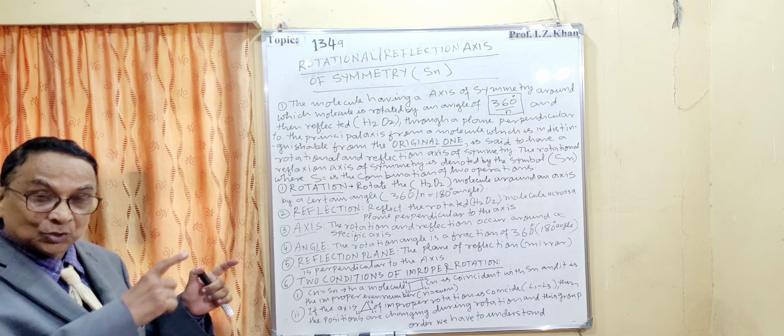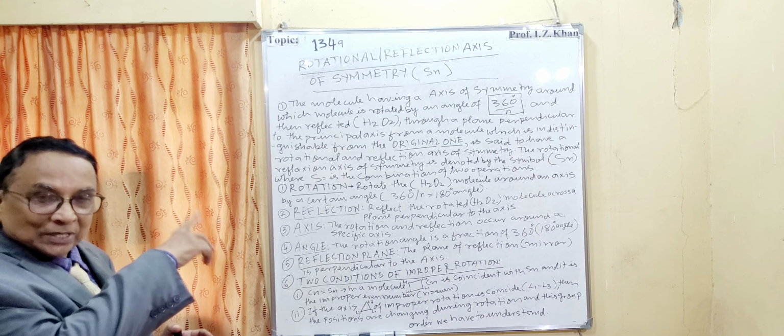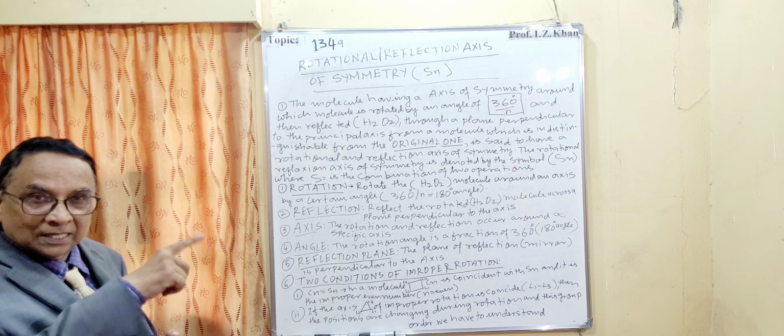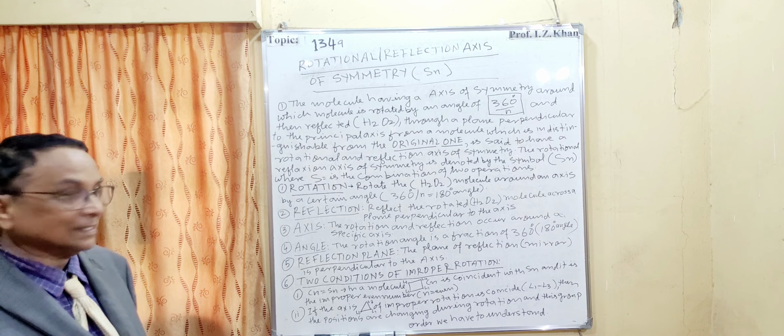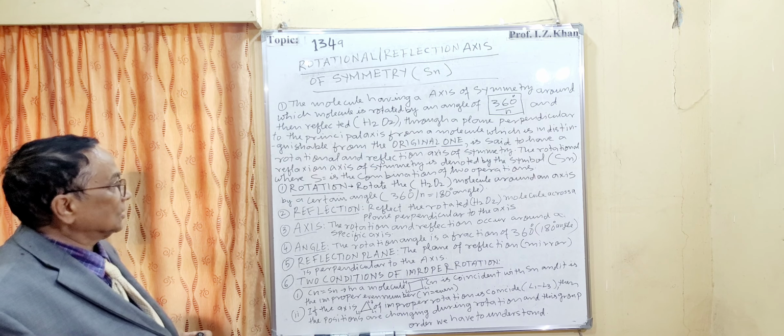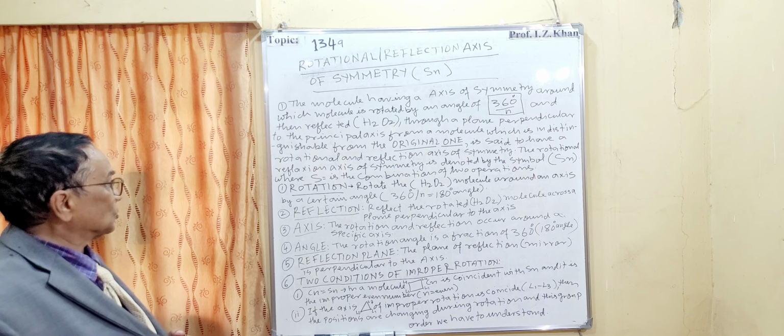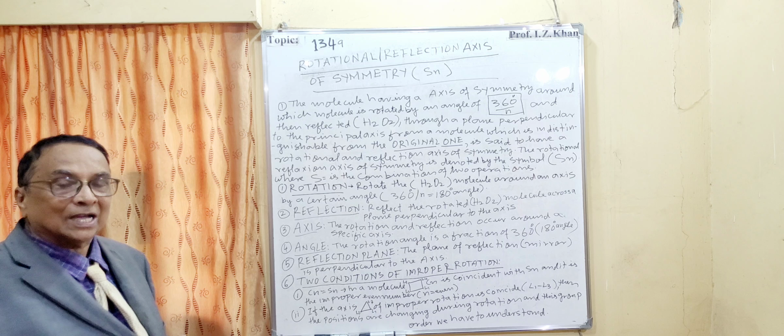I have already shown you that after rotation and reflection, it again has the same original identity. Such a molecule is said to have a rotational and reflection axis of symmetry.